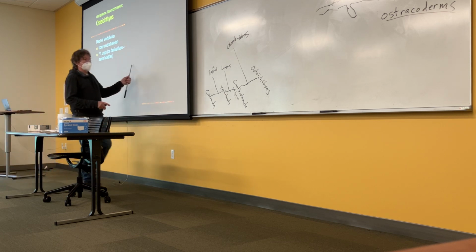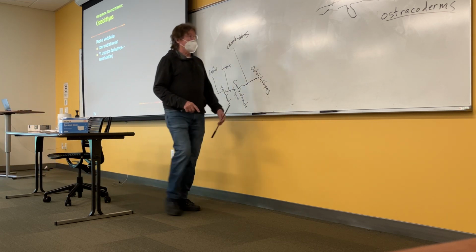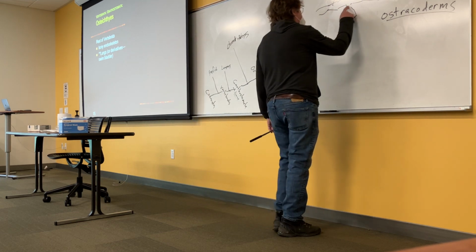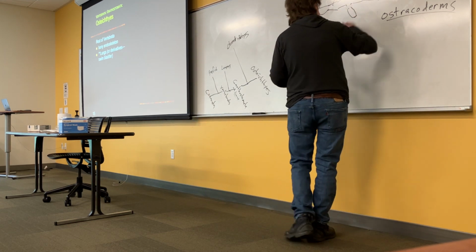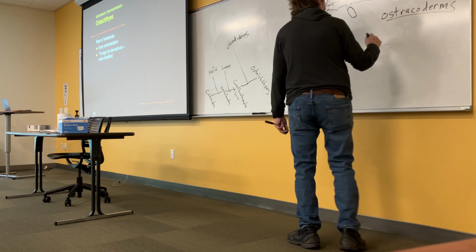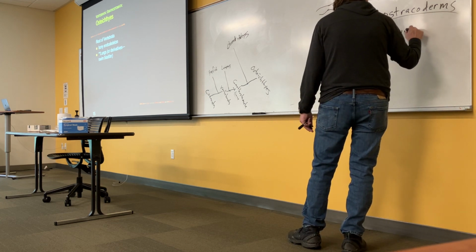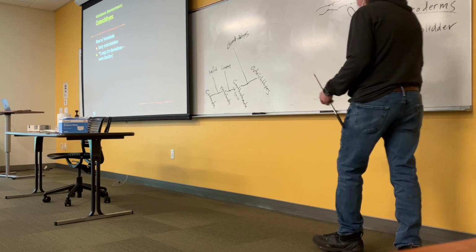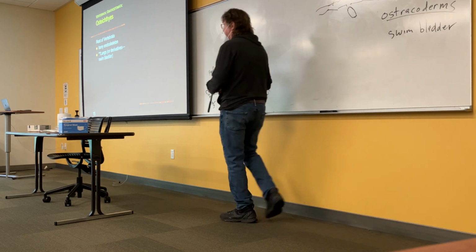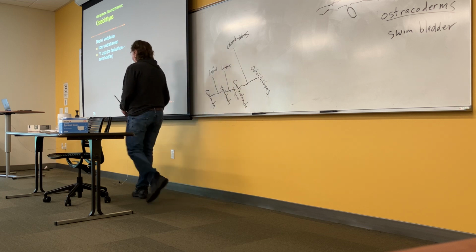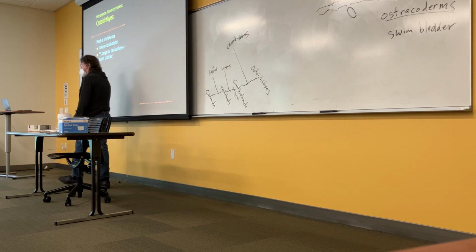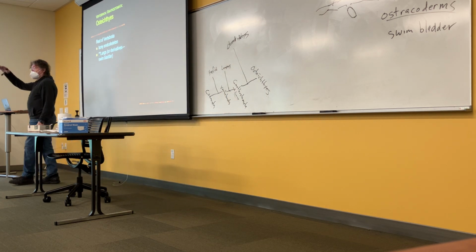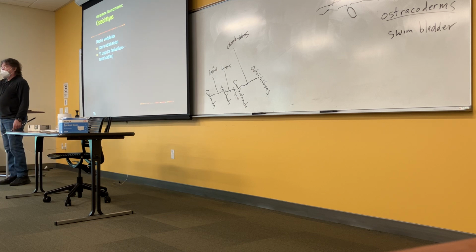Now, what happens in some fishes is that these have broken off and have become something called a swim bladder. And the swim bladder's function is to fill with air or deflate in order to keep themselves buoyant in the water, because they're still pulled down by gravity.